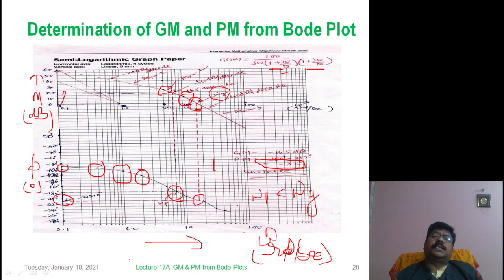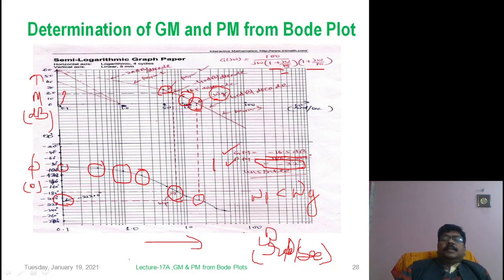You have to change the sign. This is a plus, so the gain margin has been violated, and it is coming to minus 16.5 dB. Not only the phase margin, the gain margin is also coming negative.